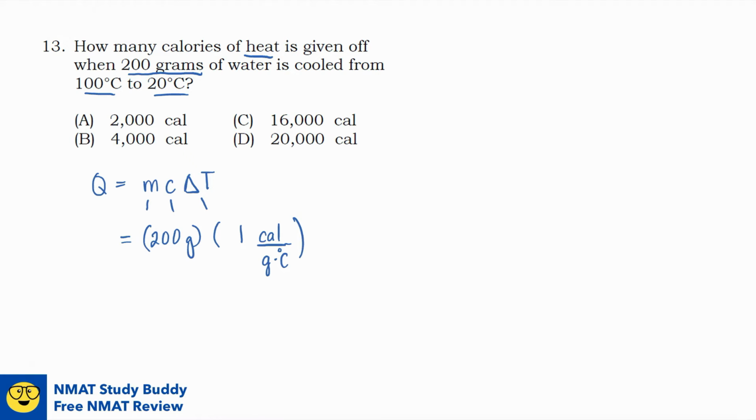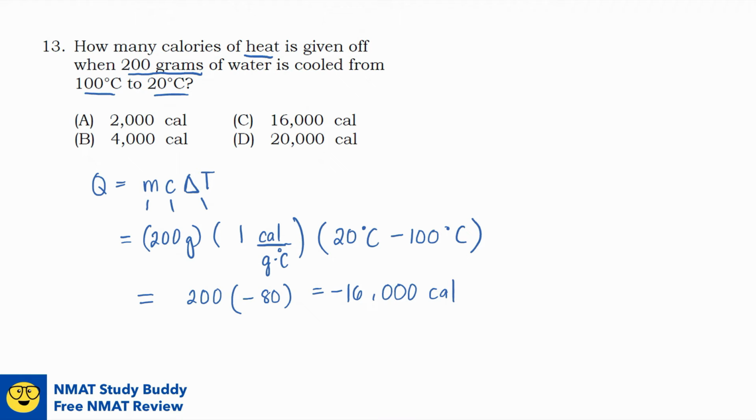Times yung change in temperature, bale yung final temperature, which is 20 degrees Celsius, minus yung initial temperature na 100 degrees Celsius. So, equal sa 200 times negative 80, equal yan sa negative 16,000 calories. So, yung answer natin is letter C.